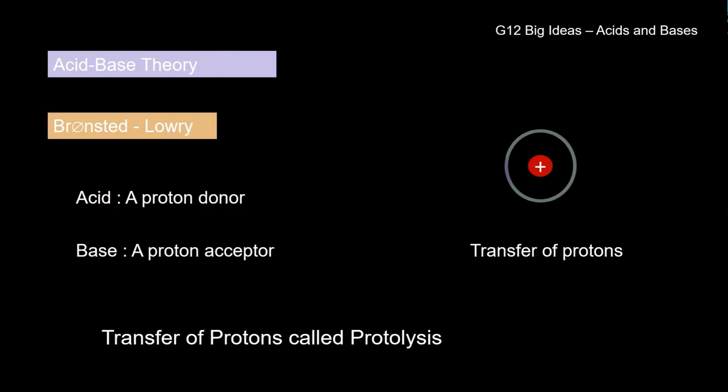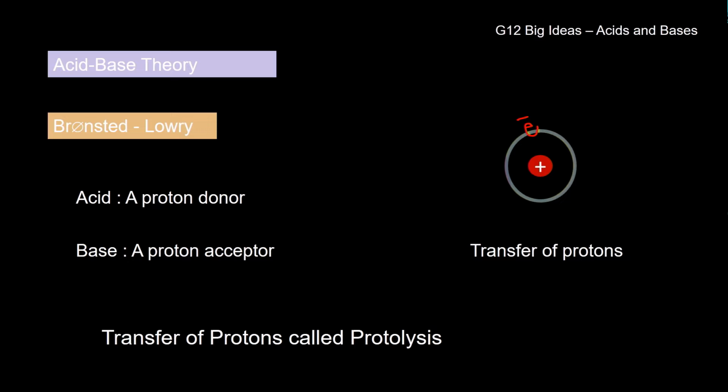So there needed to be a theory that encompassed a lot more of the other substances, and that's where the Bronsted-Lowry theory comes in. Bronsted-Lowry is a theory that speaks about protons. If we have a look at this hydrogen atom that I've got on the screen, hydrogen has 1 proton and it has 1 electron.